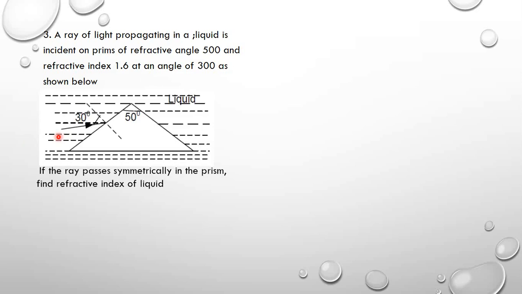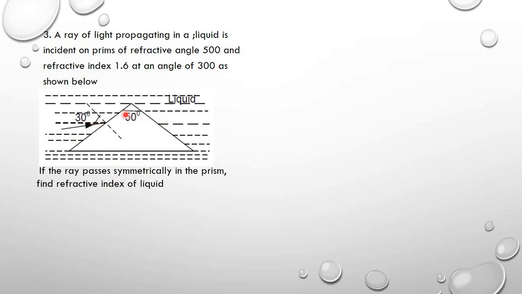If the ray passes symmetrically in the prism, find the refractive index of the liquid. So it is passing symmetrically, and they've given us the angle of incidence and then the refracting angle.